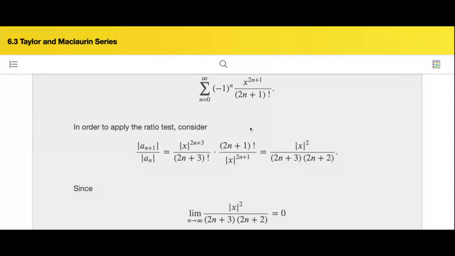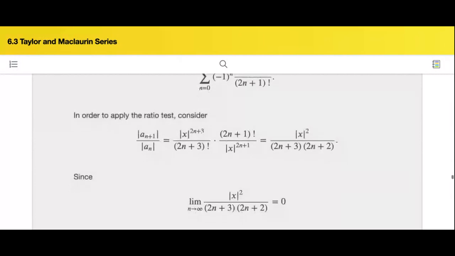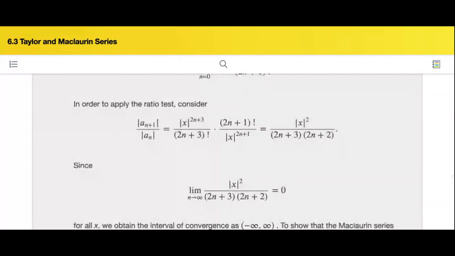Then we put the absolute value around everything. But n is non-negative because n starts from 0, so we can put the absolute value around x only, because only x contributes a sign. Then we simplify and get the absolute value of x squared divided by (2n+3)(2n+2).